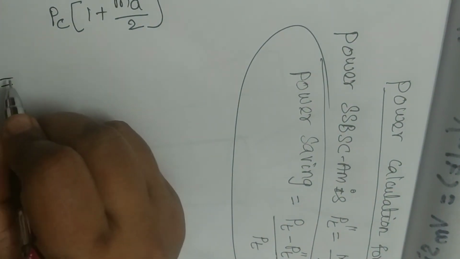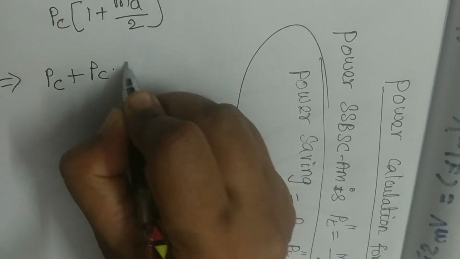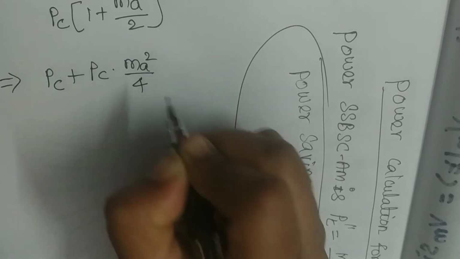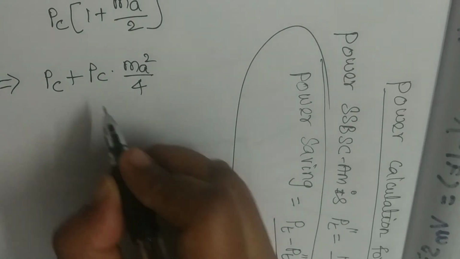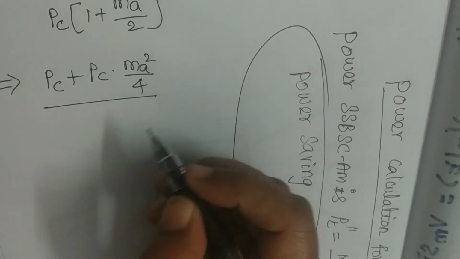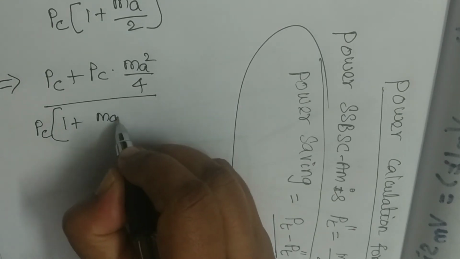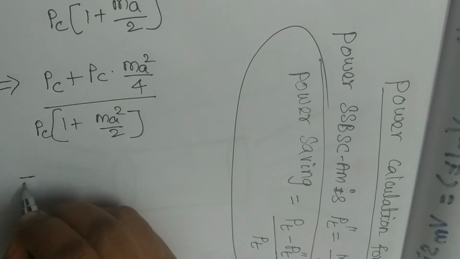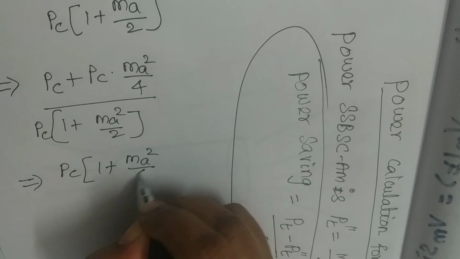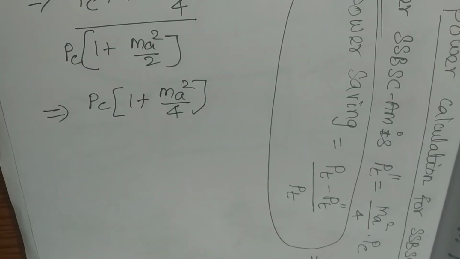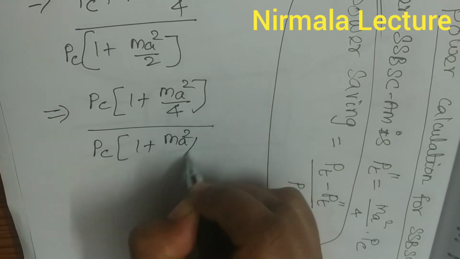So this becomes PC plus PC into MA squared by 4, divided by PC into 1 plus MA squared by 2. So this expression becomes PC into 1 plus MA squared by 4, divided by PC into 1 plus MA squared by 2.